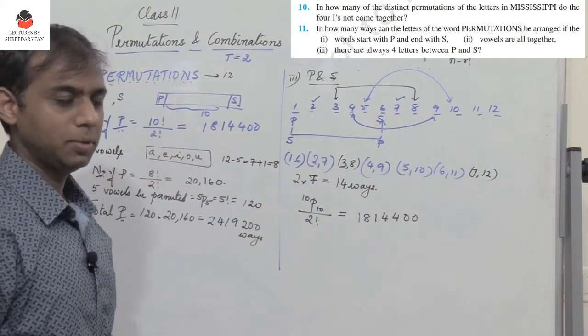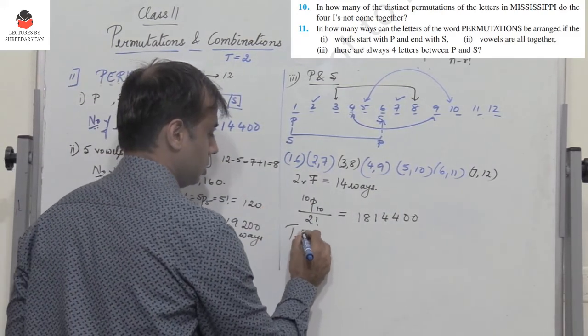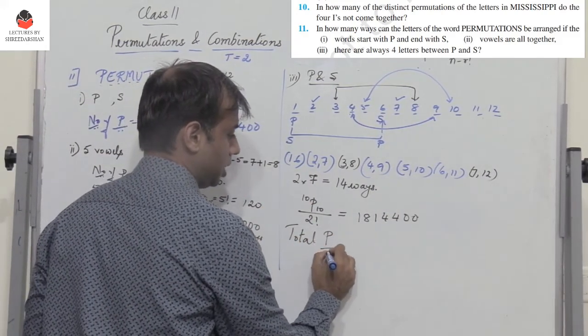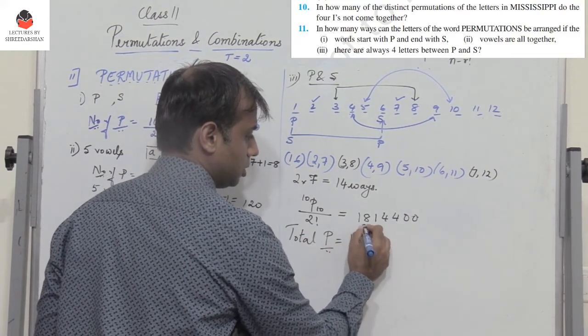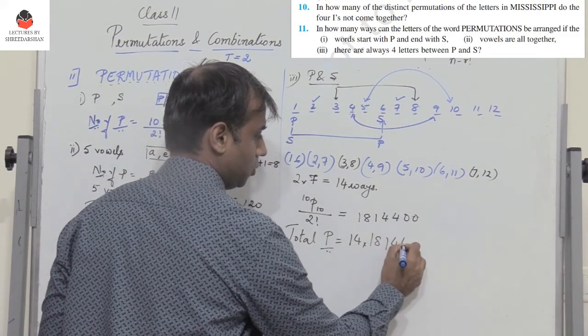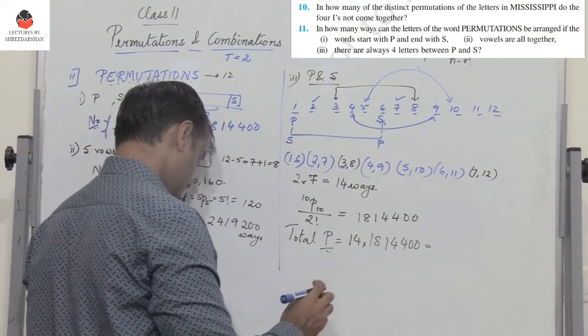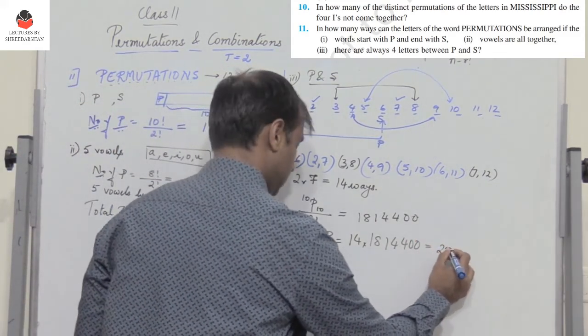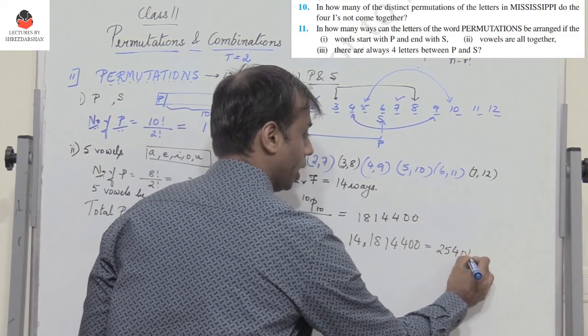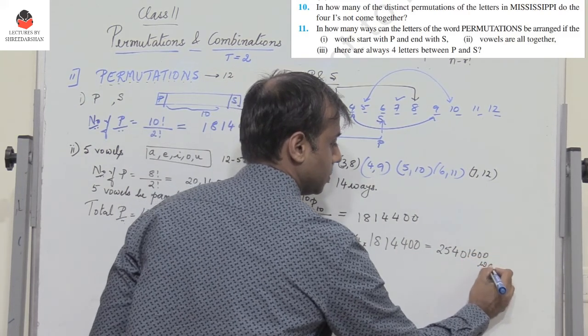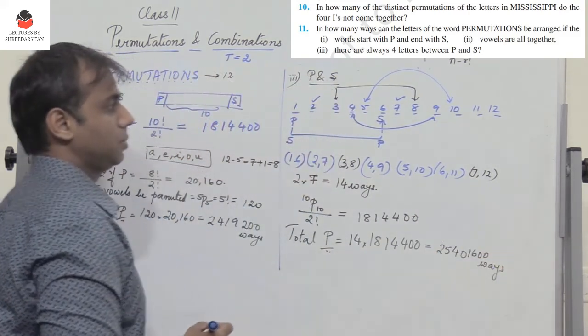And what about the total number of permutations? The total number of permutations is going to be 14 into this number, 1814400. I've already calculated it, it's a huge number. It is 25401600 ways. So very interesting problem.